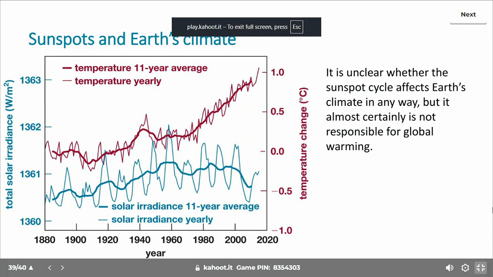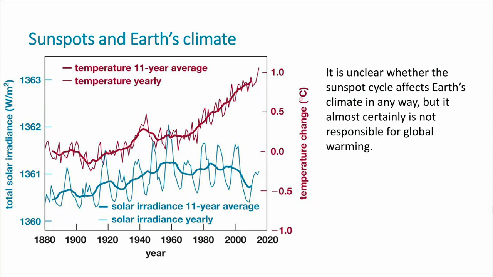A lot of people who are skeptical about climate change will try to use the sun's activity to explain temperature variations on the Earth.